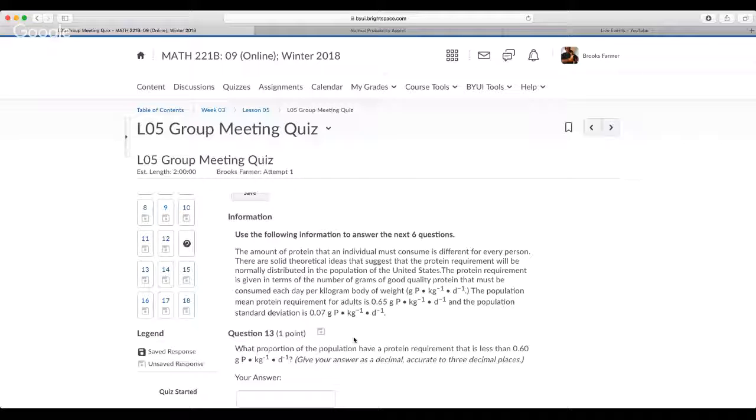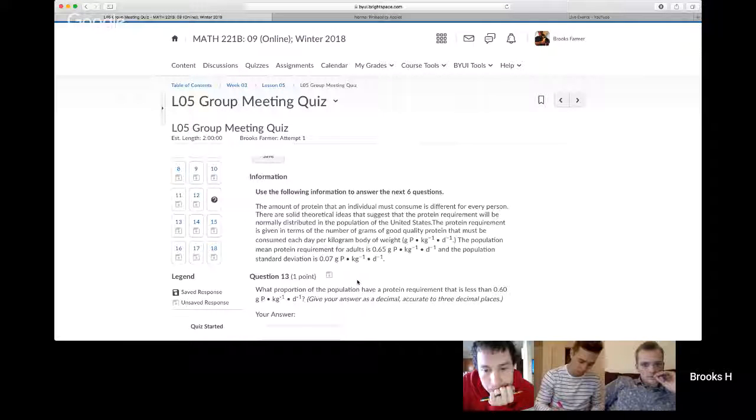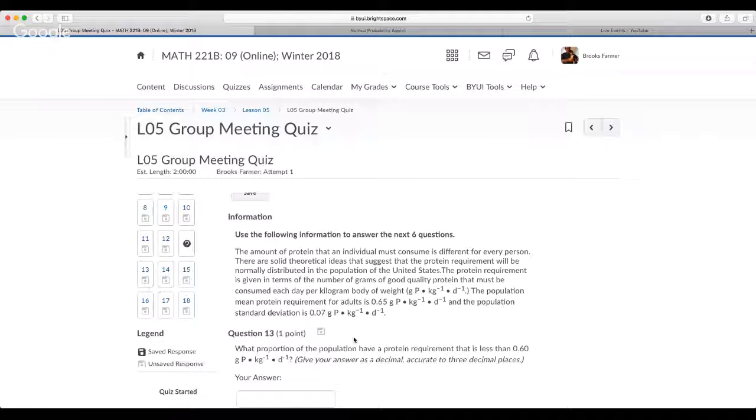So, what proportion of the population have a protein requirement that is less than 0.6? I'm going to take a crack at this and say we use our z-score formula and then put it into the applet. You take the 0.60 because that's the number we're trying to find the z-score for, subtract the mean, which is 0.65, and divide by 0.07.